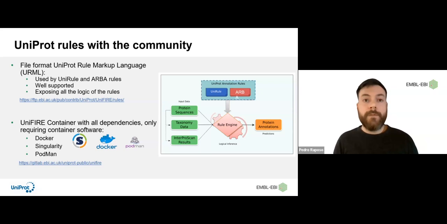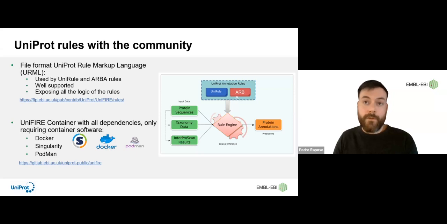To finish our presentation, we will talk about how you can annotate your own set of proteins locally on your computer. We know that the functional annotations that these systems provide are very valuable to you and to the scientific community. So we are sharing these rules so that you can use them.